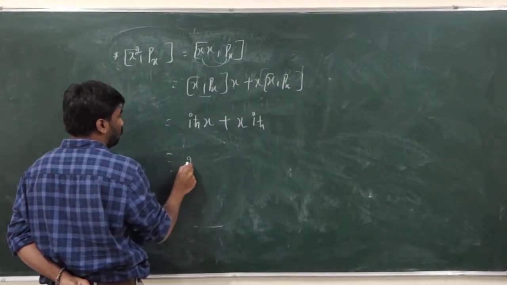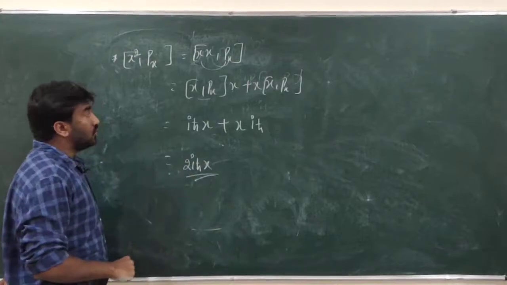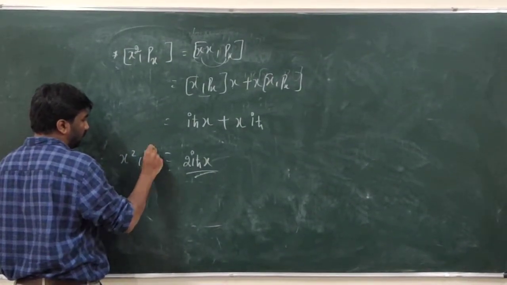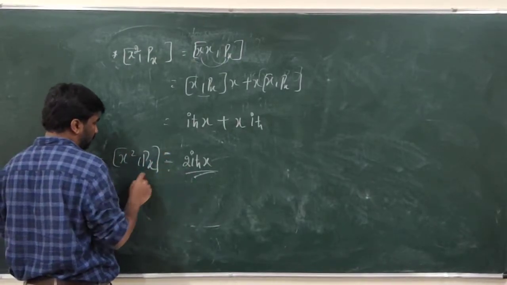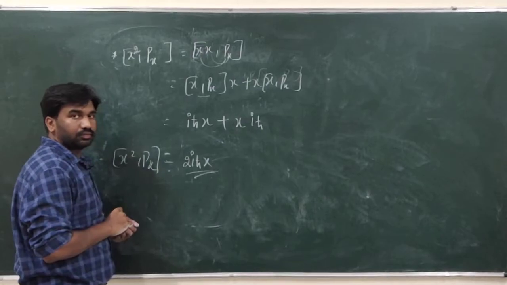So we will get 2iħ x. So the commutation relation of [x², px] is 2iħ x.